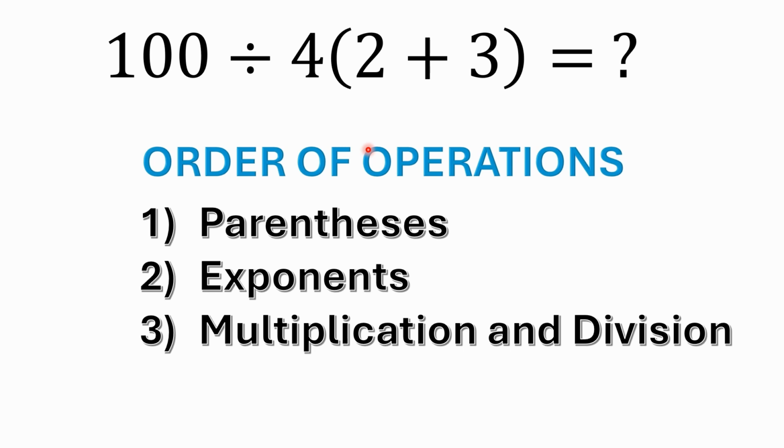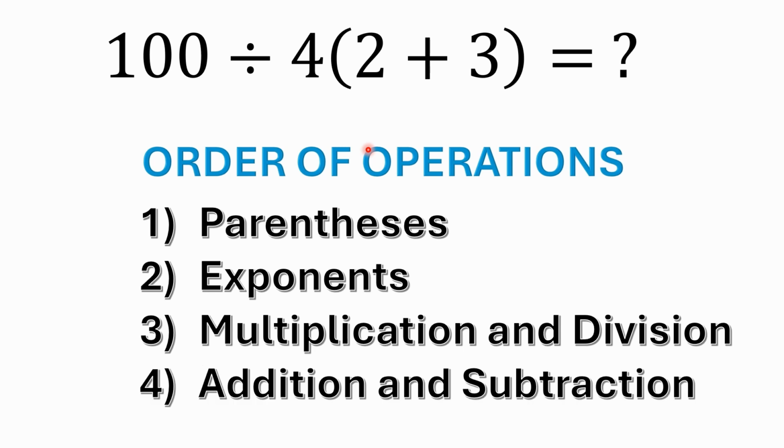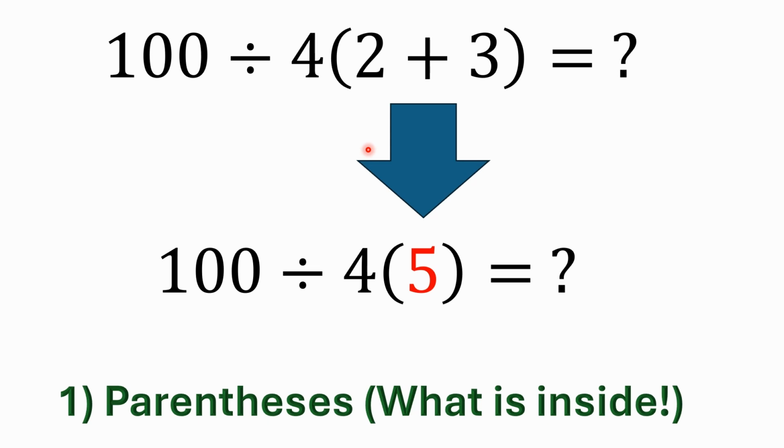Multiplication and division have equal precedence. You just solve those left to right in whatever order you run into those. Same's true with addition and subtraction. Addition and subtraction have equal precedence. Subtraction is nothing more than adding a negative number. And in step three, division is nothing more than multiplying by a reciprocal. So you just solve those left to right as you run into those.